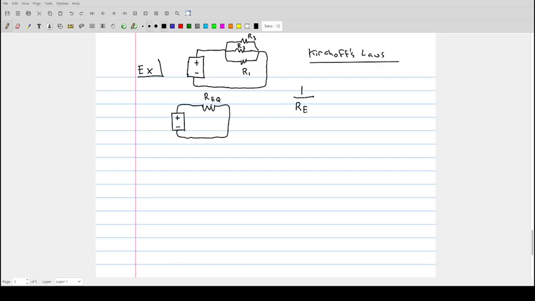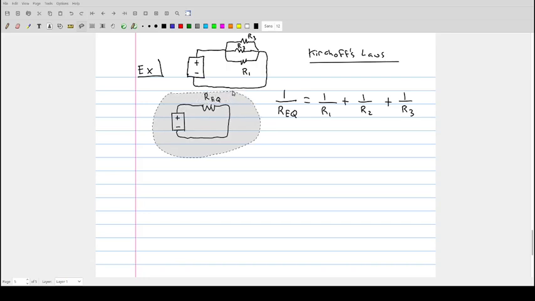So 1 over Req is equal to 1 over R1 plus 1 over R2 plus 1 over R3. So this is what the resistance law is for the equivalent resistance for resistors that are in parallel.